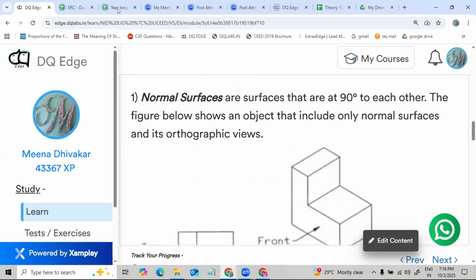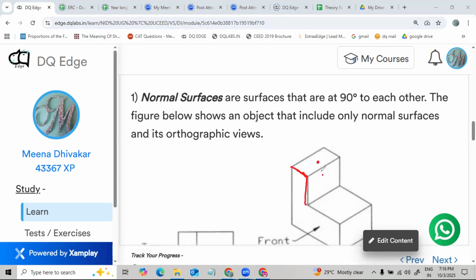Yeah. We have different types of surfaces, right? I have normal surfaces. Normal surfaces are the surfaces that are at 90 degrees to each other. The figure below shows an object that includes only normal surfaces, and not its orthographic view. That means whichever figure you take here, all the surfaces make 90 degrees to each other.